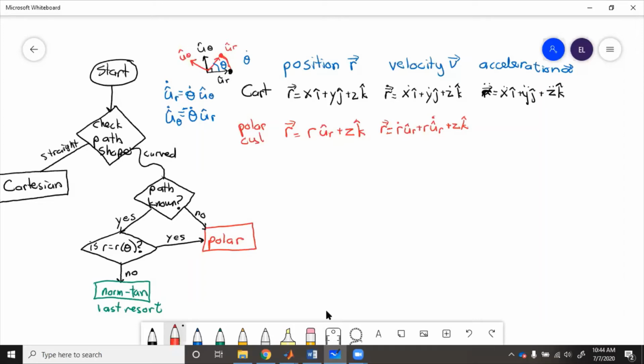We have to get it in terms of the unit vectors. So we know that the velocity has to equal r dot ur plus, instead of ur dot, we use what it actually equals, which is theta dot u theta. So plus r theta dot u theta plus the k hat.